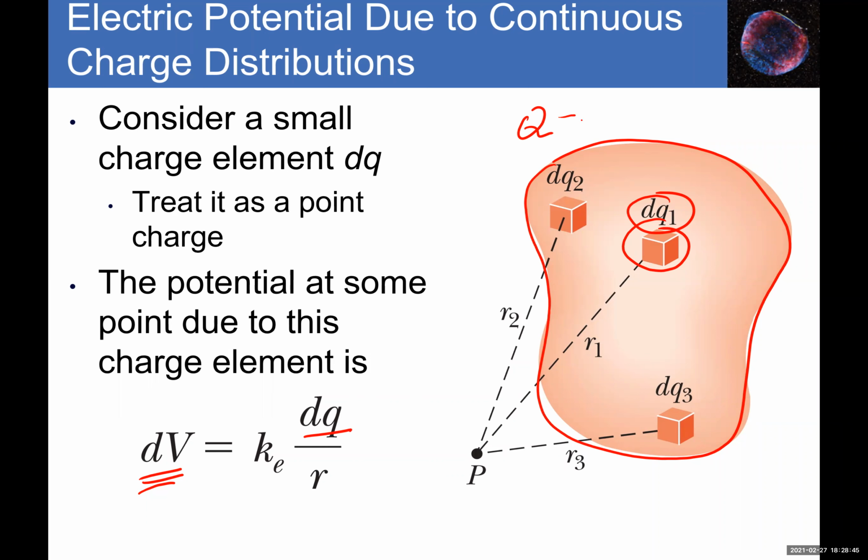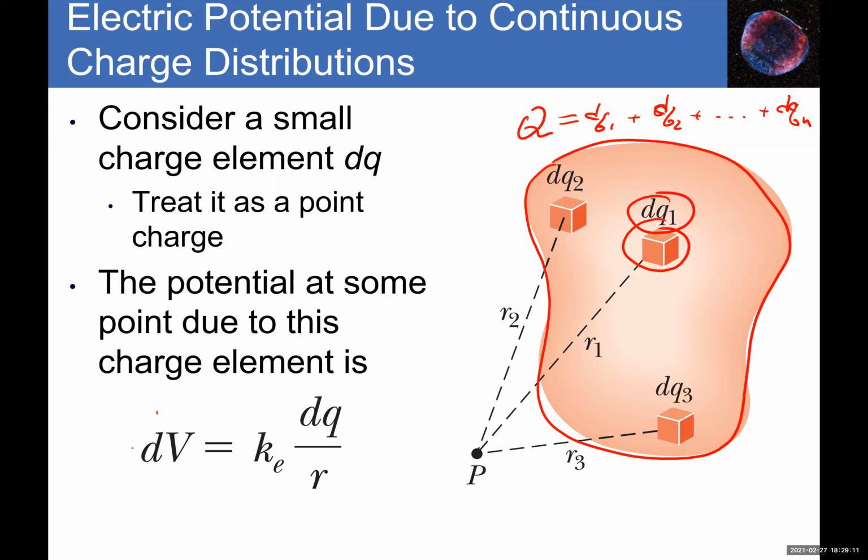That means Q is equal to dq1 plus dq2 plus dot dot dot dqn. That means we can break it down into many tiny elements, and then what we do here is you first choose one and get the expression for that, and then we can generalize it.